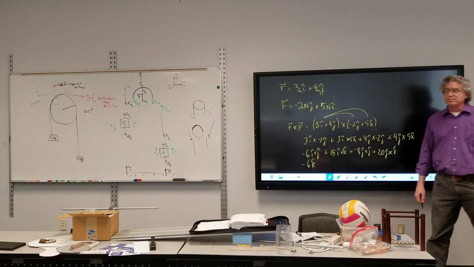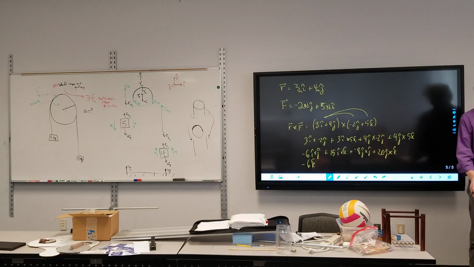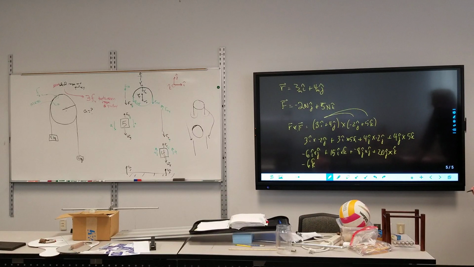I cross k. Put your hand in the direction of the first vector, so your fingers bend towards the second vector. Is it still k hat? No. Wait, must be i. J hat was close.